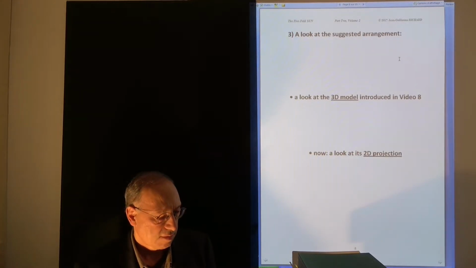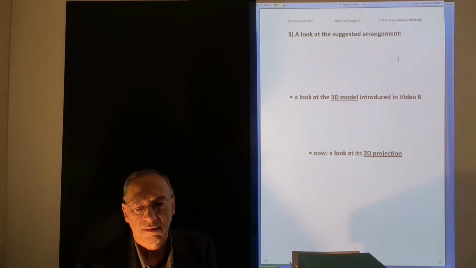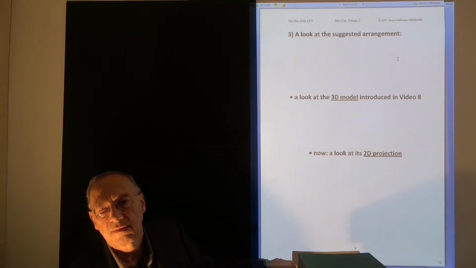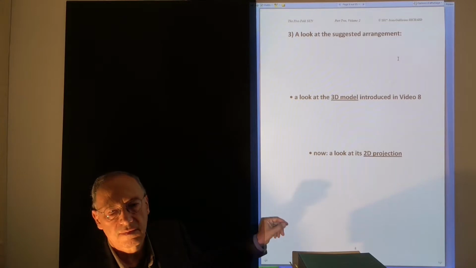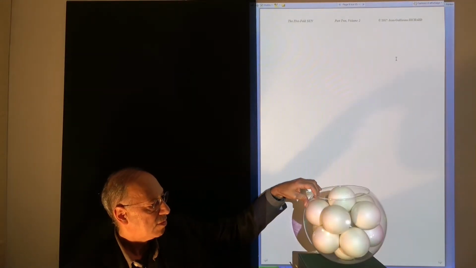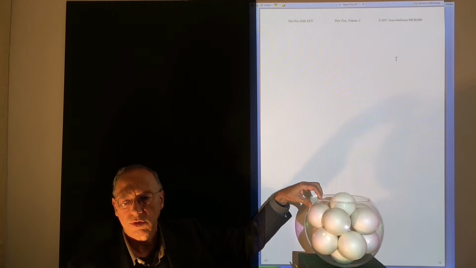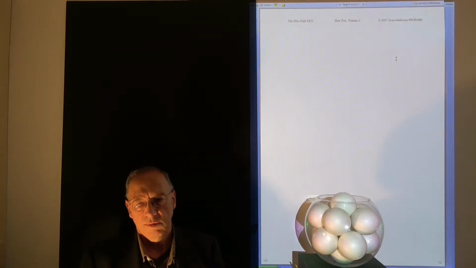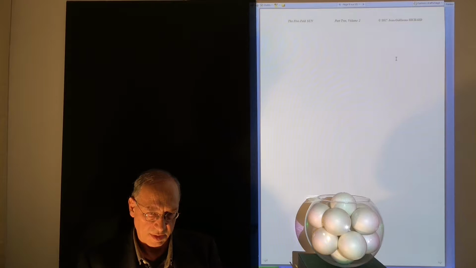We will now have a look at this suggested arrangement as it was already shown in video 8 for the 3D version. So this is what was shown in video 8. We have an arrangement of 12 balls that are hard balls with equal radius, equal diameter.